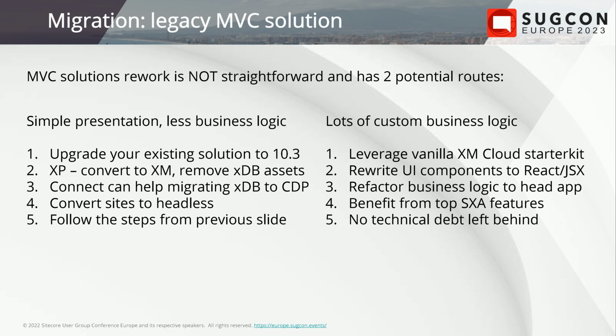For XM, you don't need to do anything, but definitely for XP, you need to remove XDB assets. Sitecore Connect can help you migrating from XDB to CDP so that you can keep your data. Then you convert sites to headless. And you will need to follow all the steps from the previous slide, which I demonstrated about headless.